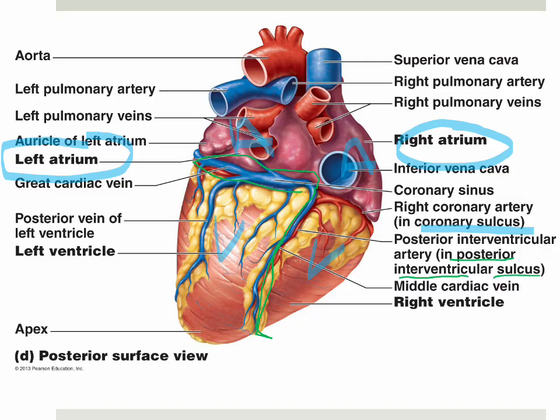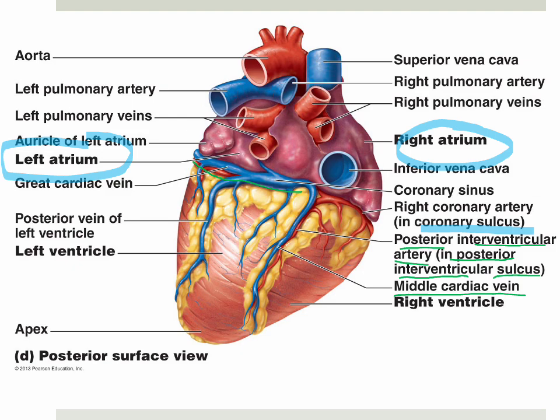And there's going to be a posterior interventricular artery and a middle cardiac vein. Okay, this is from behind, guys. We have a left ventricle and a right ventricle. Let's erase these things a little bit.